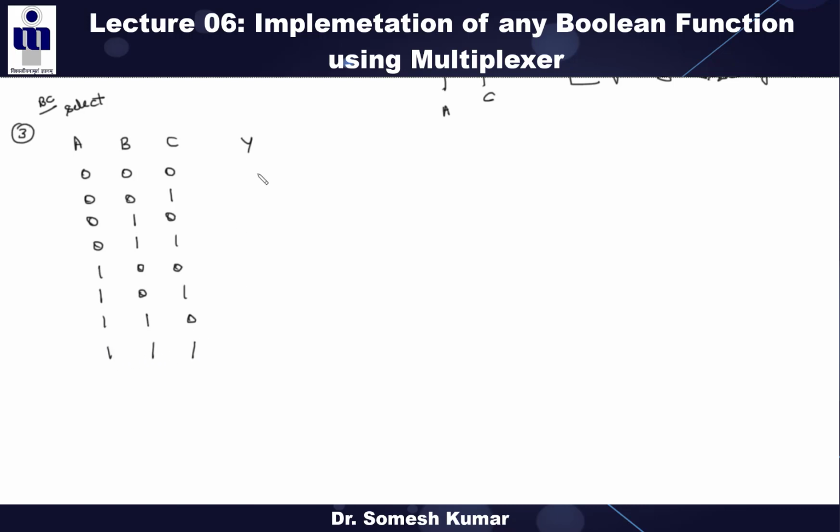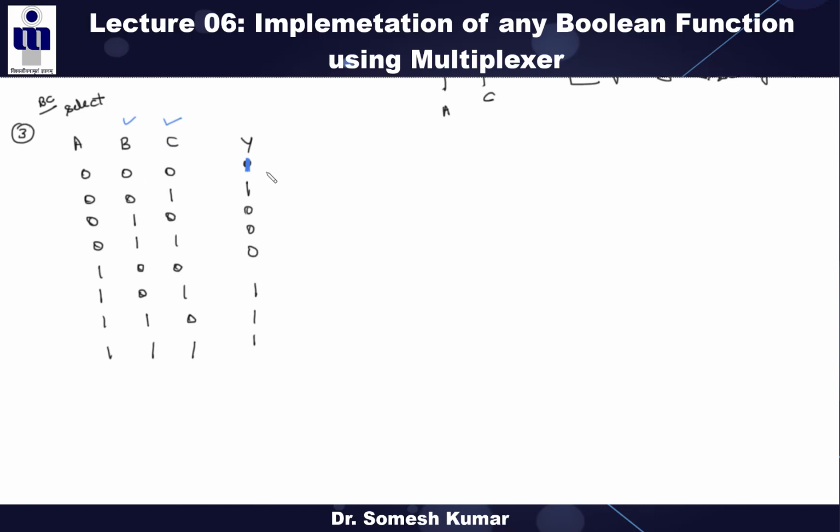And it is given 0, 1, 5, 6, 7, right? So now it is given B and C are the select lines.